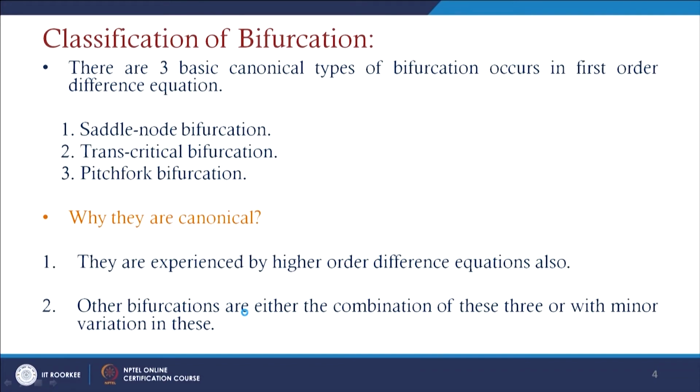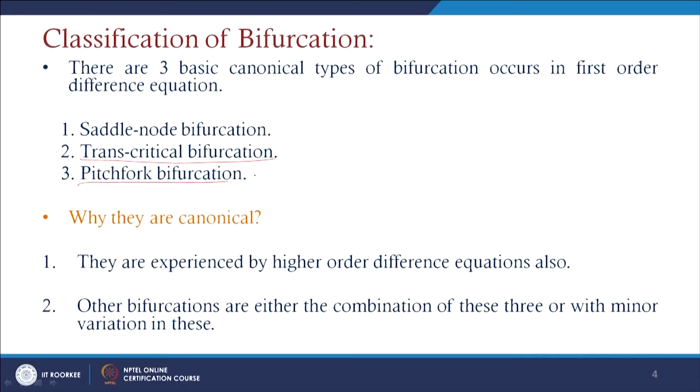If we go for the classification of bifurcation, there are 3 basic canonical types of bifurcation that occur in first order difference equations. The first is called saddle node bifurcation, the second is called transcritical bifurcation, and the third is called pitchfork bifurcation. The question arises: why are they called canonical?